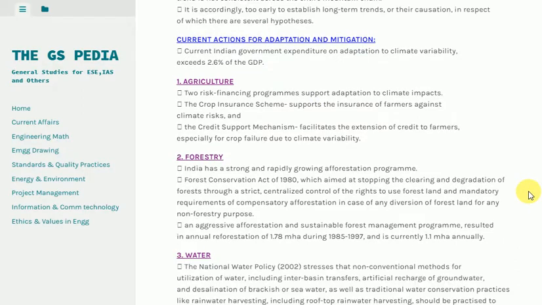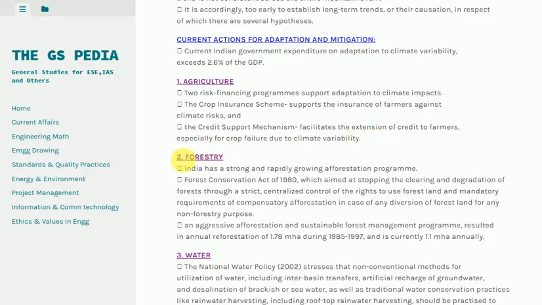The crop insurance scheme supports the insurance of farmers against climate risks, and the credit support mechanism facilitates the extension of credit to farmers, especially for crop failure due to climate variability.